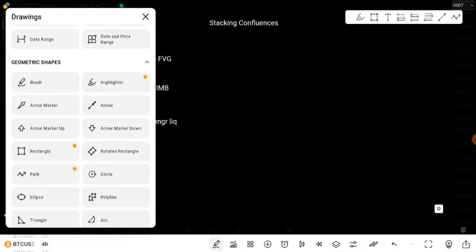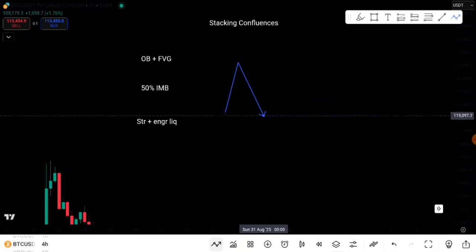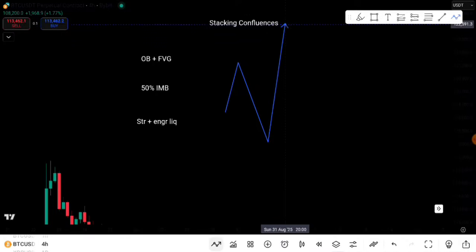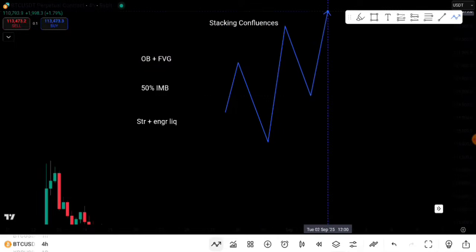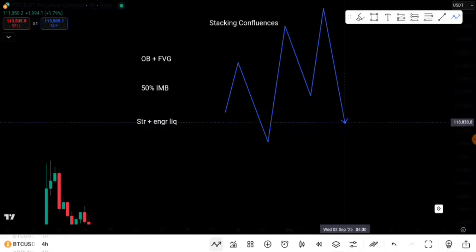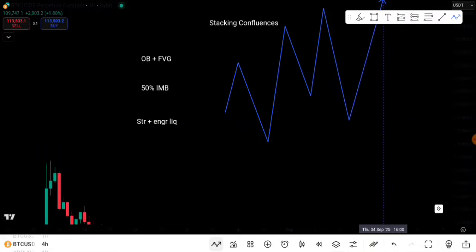Good. This is the basic SMC setup, you guys know. You have the market sweeping liquidity, creating a protected low, coming back, creating a form of engineered liquidity right here, and coming back to sweep the liquidity, tapping into that point of interest at the other block below for a trade continuation.